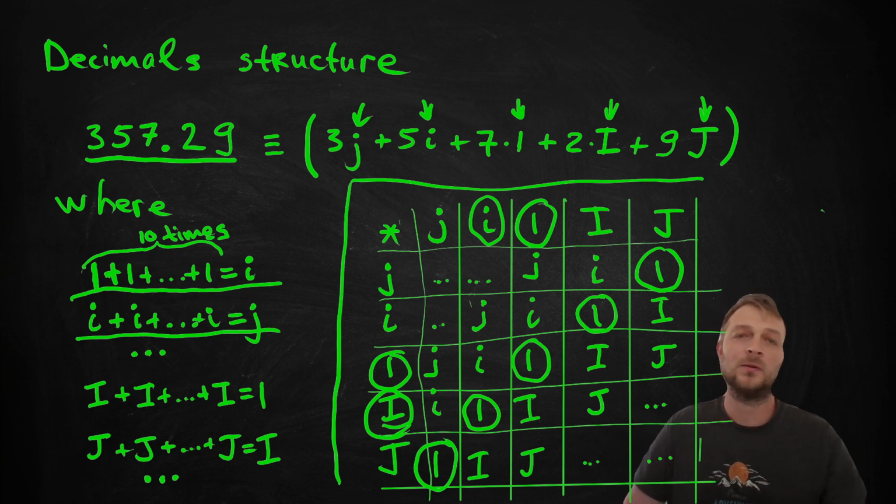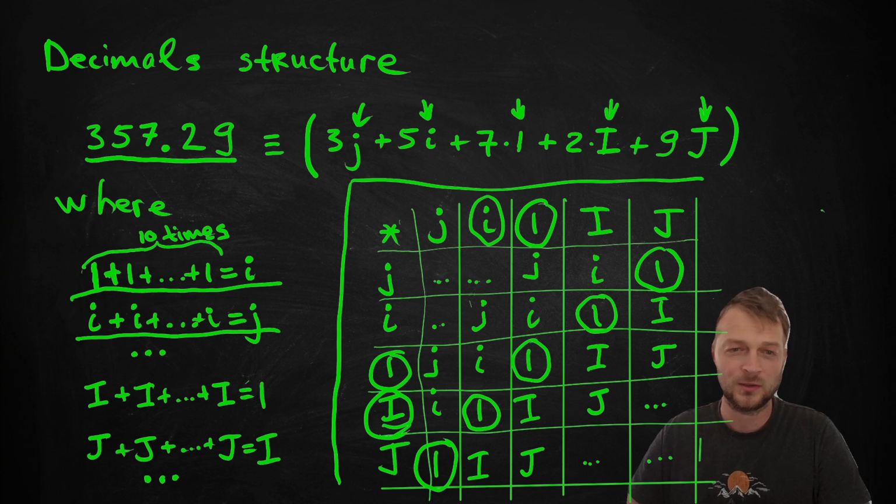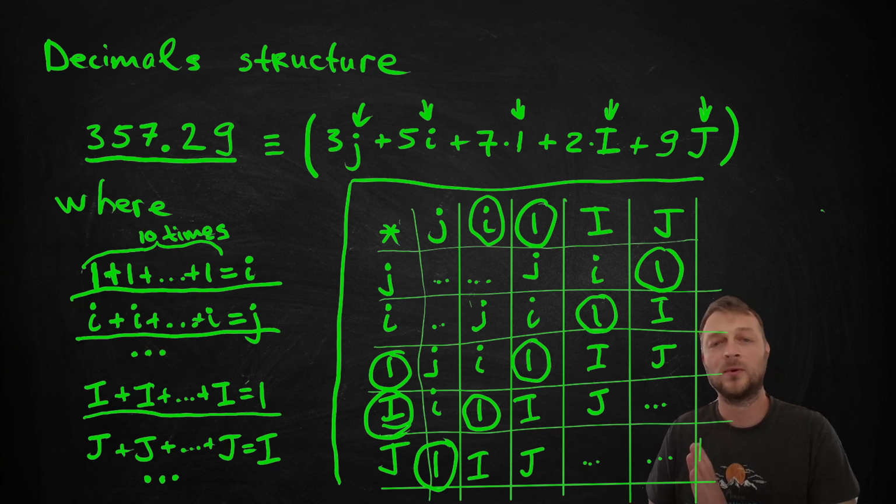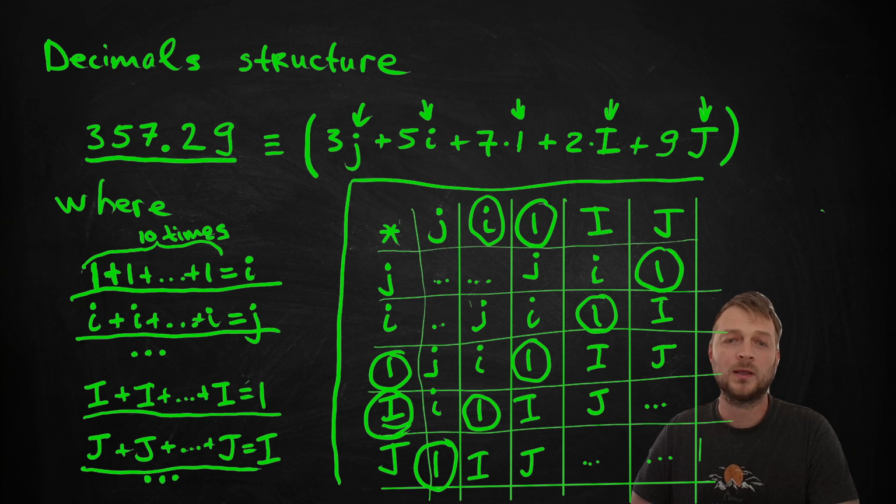And similarly on the right hand side of the decimal dot, positional symbols are added like this. 10 times uppercase I gives 1. 10 times uppercase J will give us capital I, and so on. So these are just standard positional numbers with a decimal dot. And this is kind of an underlying structure for these numbers.